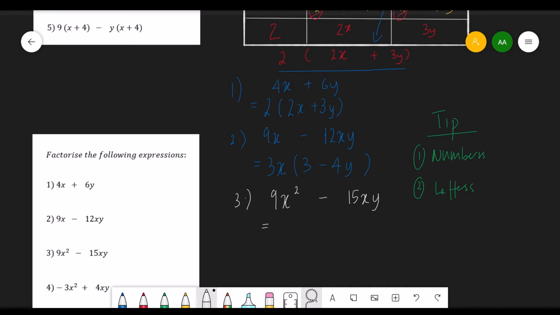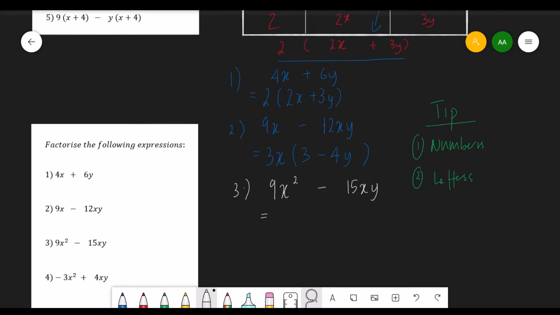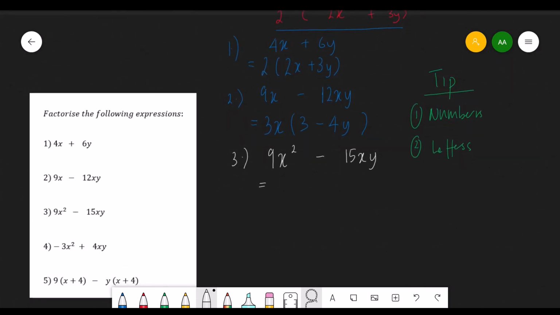So between 9 and 15, again, the common factor is 3. So I put my number 3 here. Between x squared and xy, x squared is actually x multiplied by x. Then we compare with xy, which is x multiplied by y.